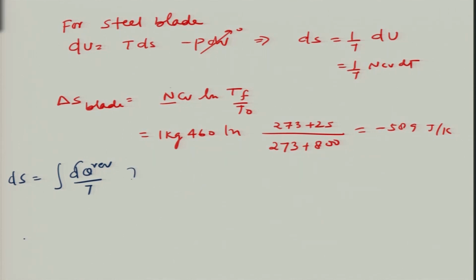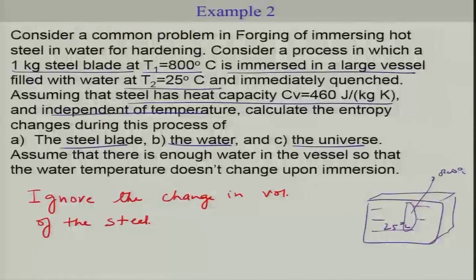Now one can think of it this way: the temperature difference between the steel blade and the water is extremely large, so delta T is quite large. So we can devise a thought process in which the Q transfer to the water is done reversibly.